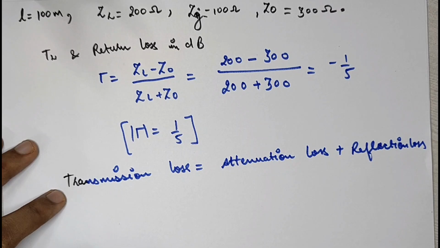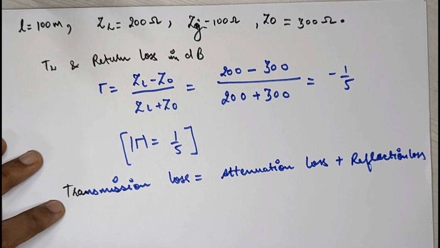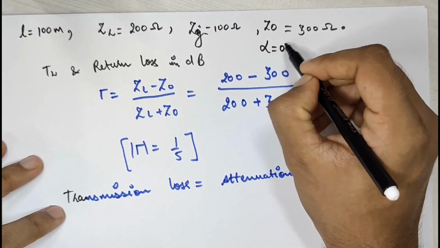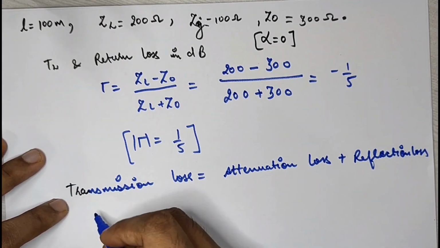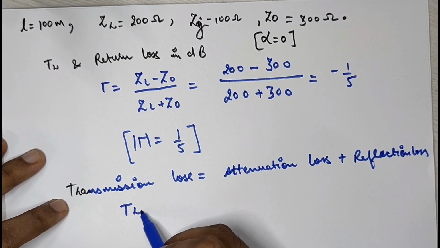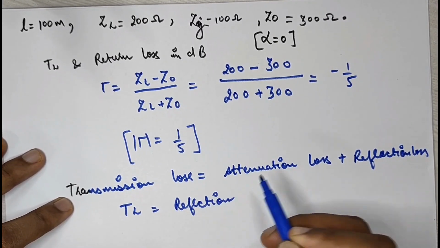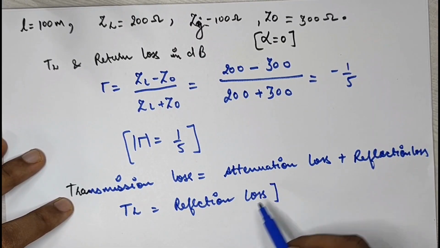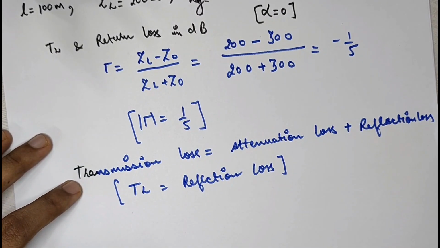It is a lossless transmission line, as given in the question at first only. Then alpha is equal to 0. So from this we can say that whatever the transmission loss we are having, that is nothing but reflection loss, right? So now we need to calculate the reflection loss.